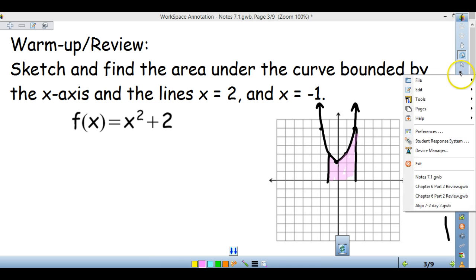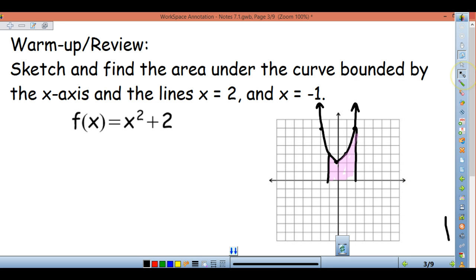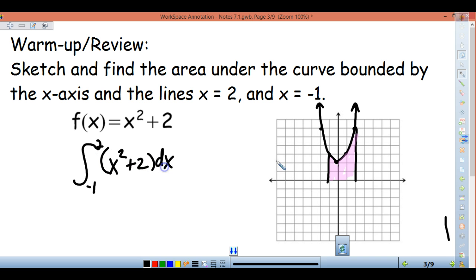Alright, so if we want to find the area of that region, we set up the definite integral. Lower bound -1, upper bound 2, x squared plus 2 quantity dx. So there's the height of our rectangles, there's the width of our rectangles. If we take the antiderivative, we get 1/3 x cubed plus 2x from -1 to 2.